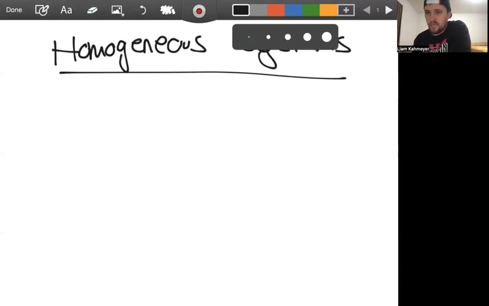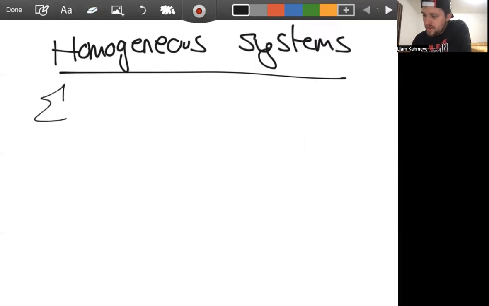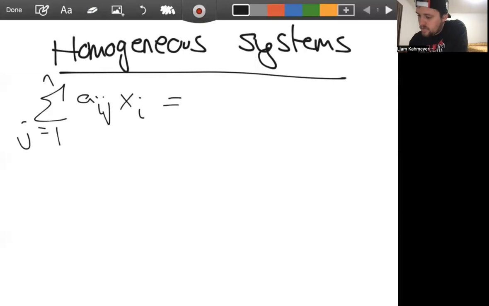So a homogeneous system, for review here, would be something, if you would like it written compactly, where j goes from 1 to n. Let's say we have an m by n system, right? So this was a sub ij x sub i equals b sub j, and this was also for i goes from 1 through m, so we have this equation for each i.